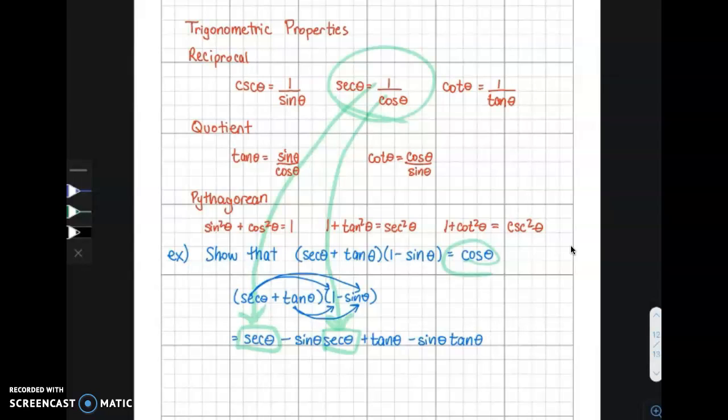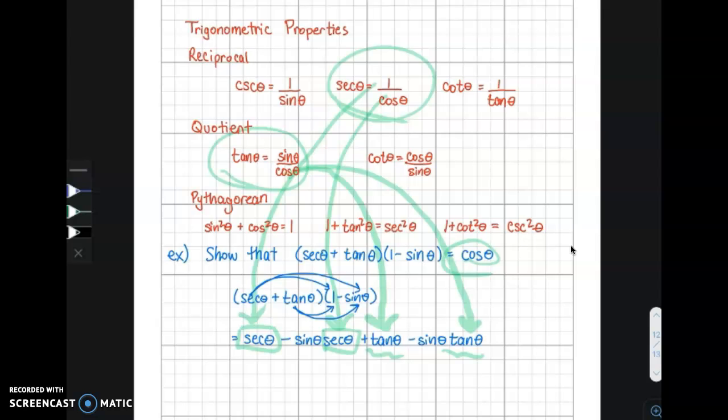Sine does not easily change into cosine, so I'm not going to change sine. Tangent does not easily change into cosine, but I'm going to change it into this one where there's a sine and a cosine. And I'm going to do that for both of these tangents.